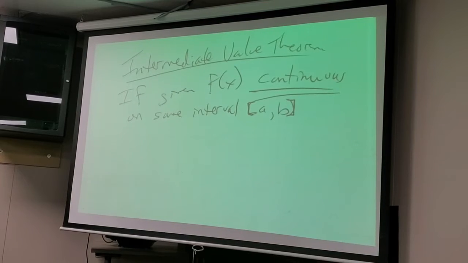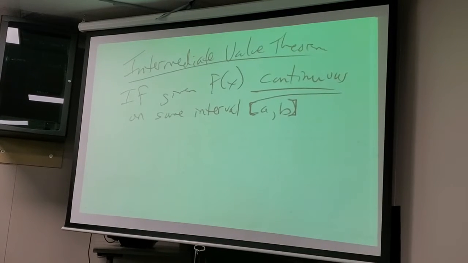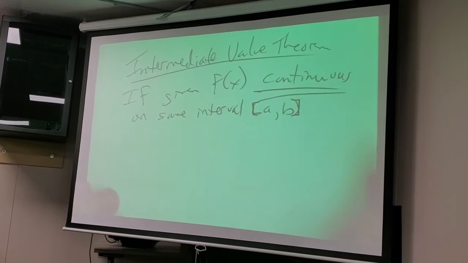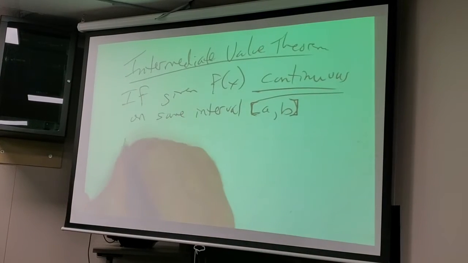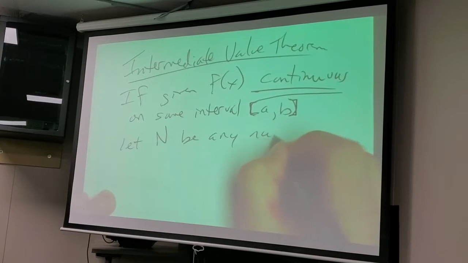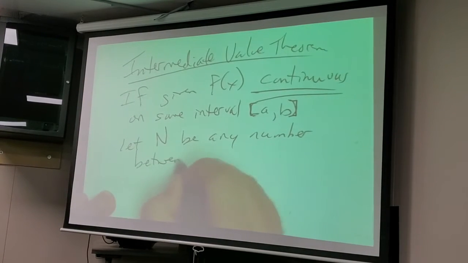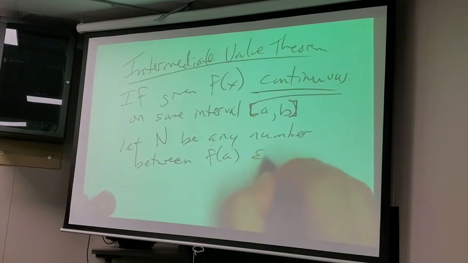So if I'm given a function that is continuous on an interval, it could be continuous everywhere. It just has to be continuous on some interval. Let n be any number between f of a and f of b.